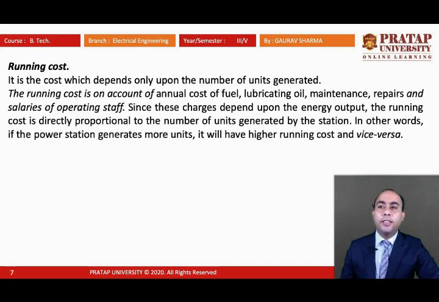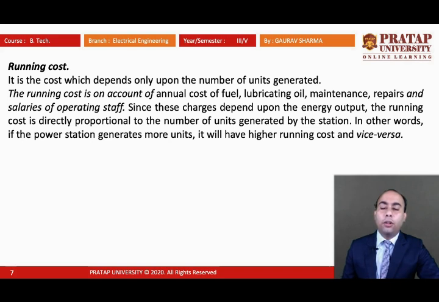And finally, the running cost. It is the cost which depends upon the number of units generated. How many units we generate, it comes into the running cost. The running cost is on account of annual cost of fuel, lubricating oil, maintenance, repair, and salaries of operating staff. These all come under the running cost.